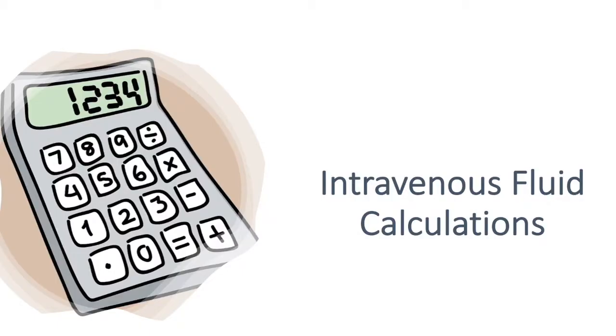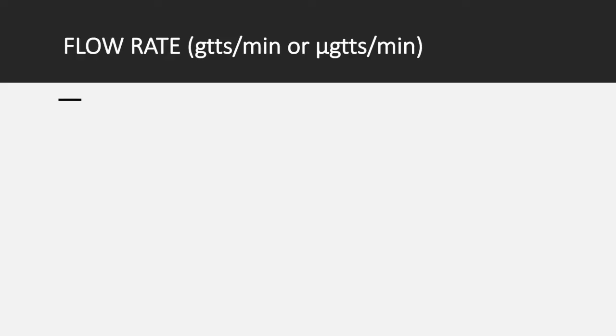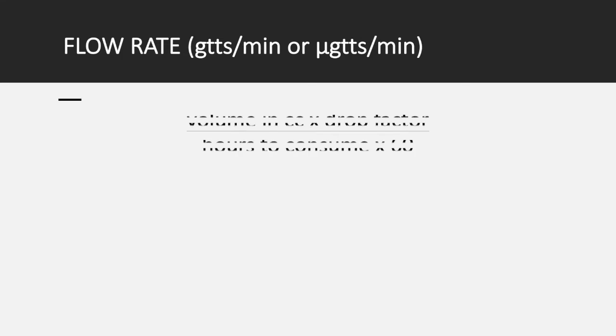That's why they use an infusion pump. Let's now review the intravenous fluid calculations. In getting the flow rate, we use drops per minute for macro set, or macro drip, or micro drops per minute in micro set or micro drip.